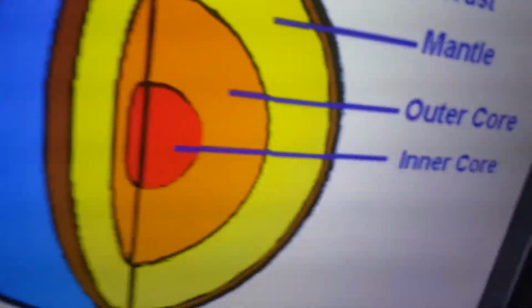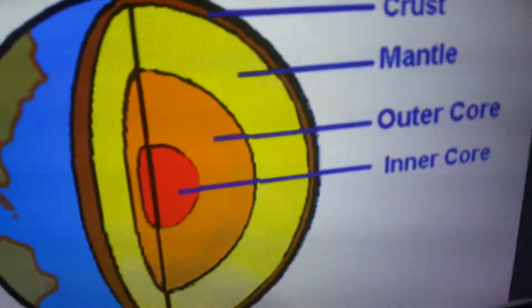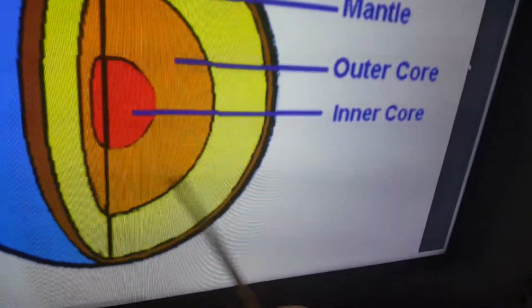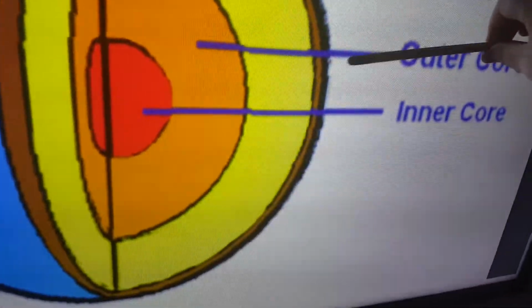All right, we did our core, we did our crust. Now our mantle, which is the sauce. This is the mantle, and now this is where it starts to get a little bit hot. It's harder for people to go this deep.